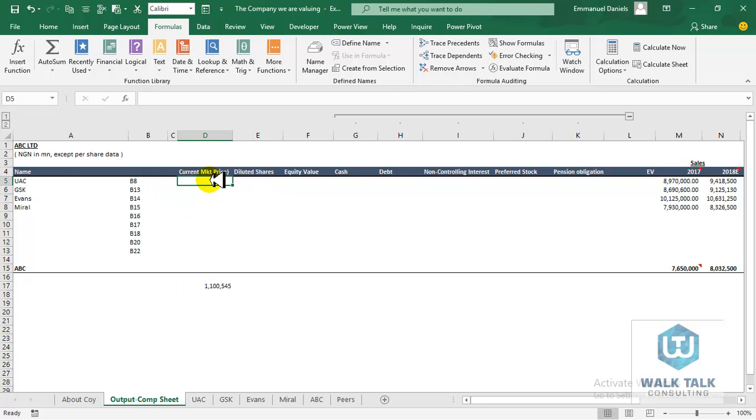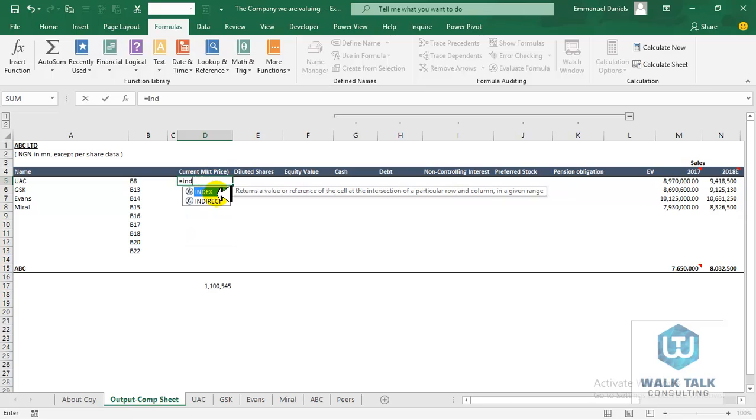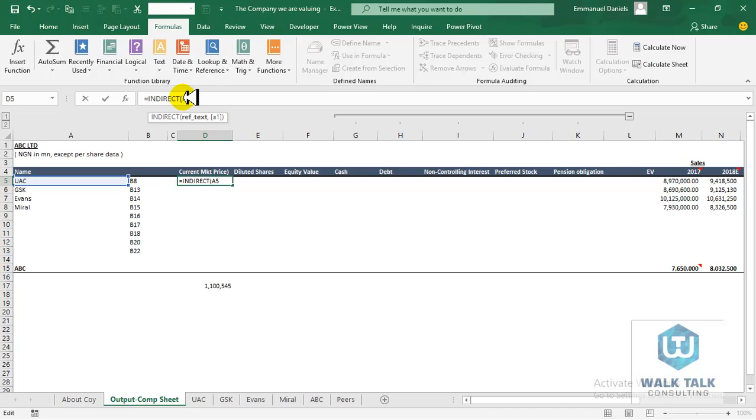Now if I want to extract information about the market price, the reference starts with the sheet name. So this is the name of the sheet. Okay, I will not make this a mixed reference, so I will not lock the row, so that when I copy it, it picks information from other sheets. So now what do you have next after the sheet name? You have this exclamation mark.